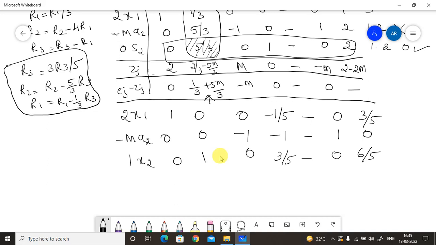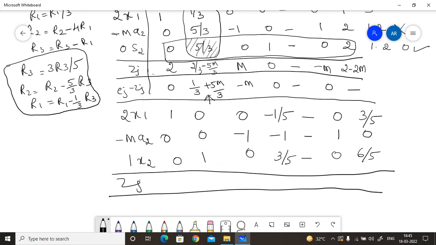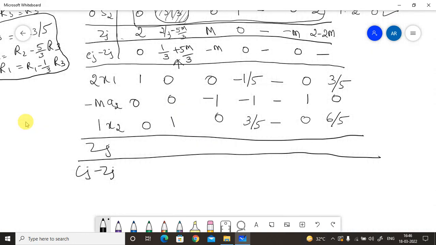Now we are going to compute the value of Zj, right? Zj and Cj minus Zj. So let us compute the values here. Zj is 2 into 1 minus M into 0 plus 1 into 0, so the answer is what? 2, right?